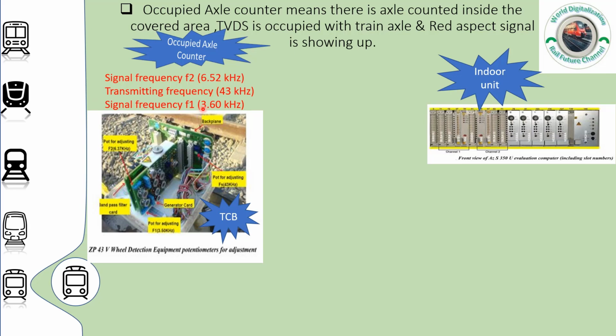F1, or signal frequency F1 for system number 1, is 3.6 kHz. F2 for system number 2 in the counting head is 6.52 kHz. And the transmitting frequency is 43 kHz.